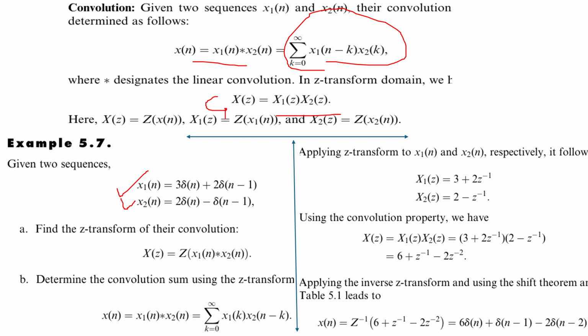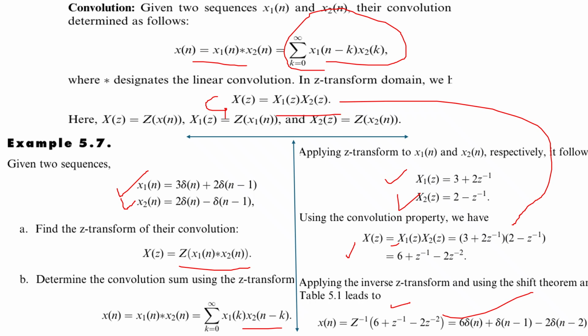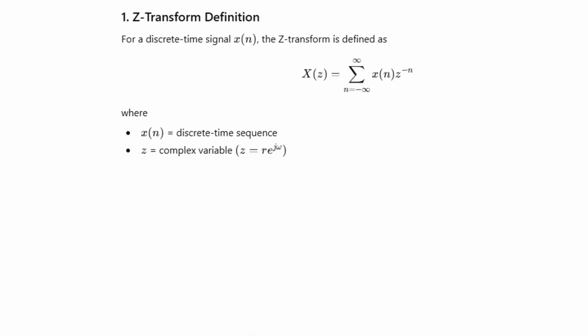X(z) will be the convolution of x1 and x2 in the time domain, so you can get the values of x1 and x2 and take the convolution. Because of this property, you get the final transform by multiplying X1(z) and X2(z). So check the property, multiply in the z domain, and you will get the final values. This is another application.